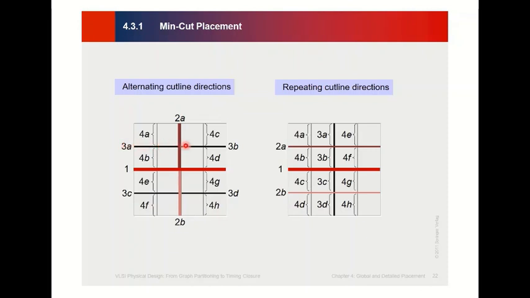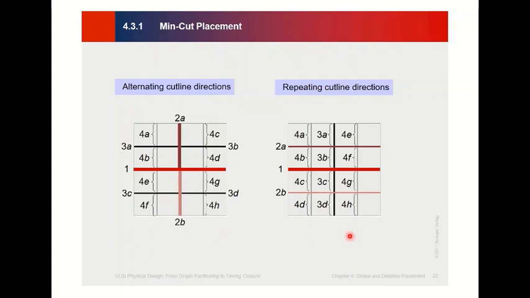So we cut here, we cut here, we cut here, we cut here. And then the last cut is now vertically. So we cut here, here, here, here, like that. So in the end, we have 16 regions.